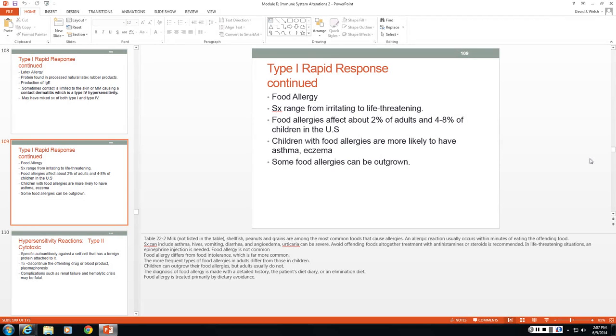Children with food allergies are more likely to have asthma and eczema. Children can outgrow their food allergies, but adults usually don't. The diagnosis of a food allergy is made with a detailed history, the patient's diary, or an elimination diet. Food allergies are treated primarily by dietary avoidance.